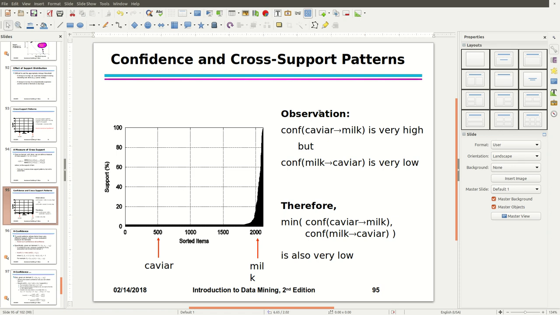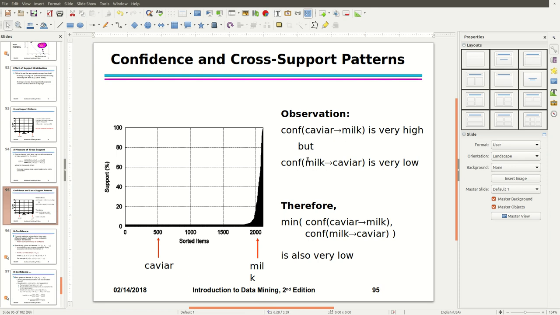If you look at the observation, we have caviar, milk. This is confidence, meaning that if I buy caviar, I will buy milk. That is highly likely, because I am already buying milk many times, and it may happen that when I buy caviar there will already be milk in that basket.